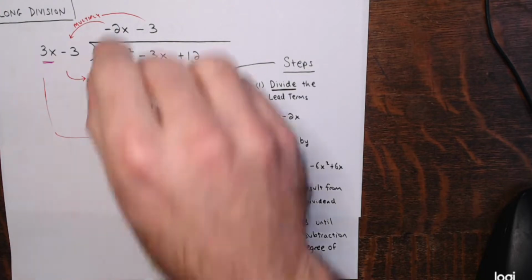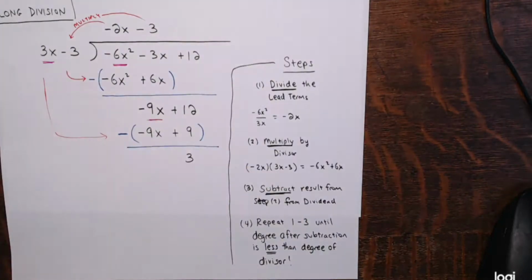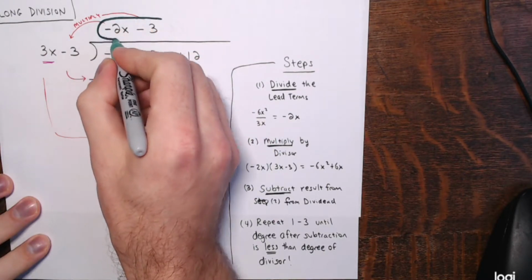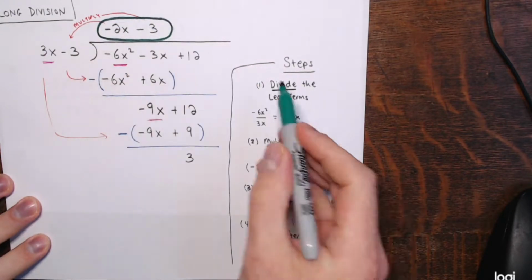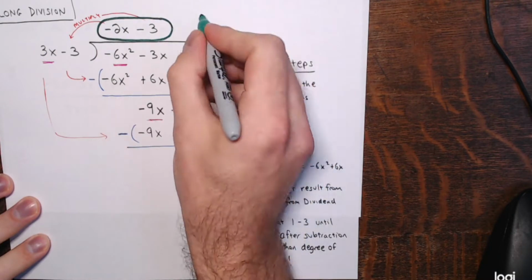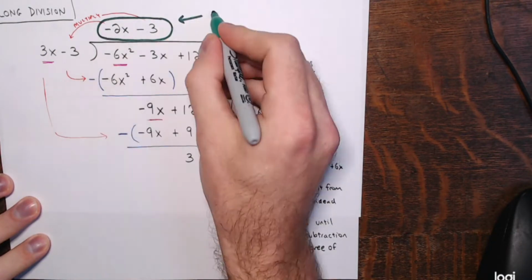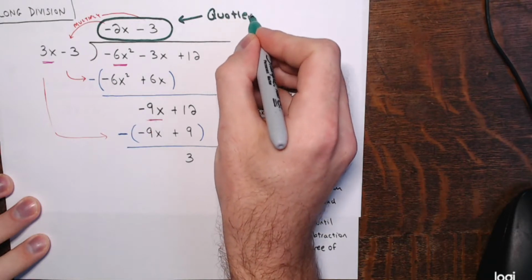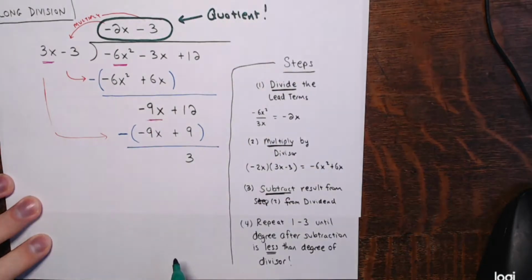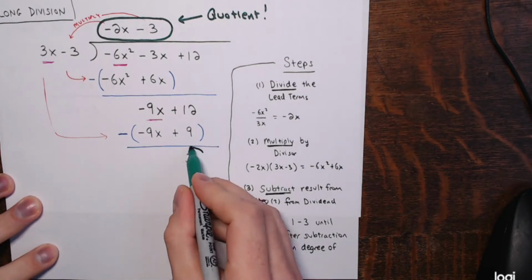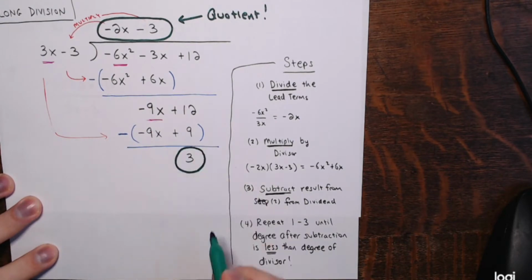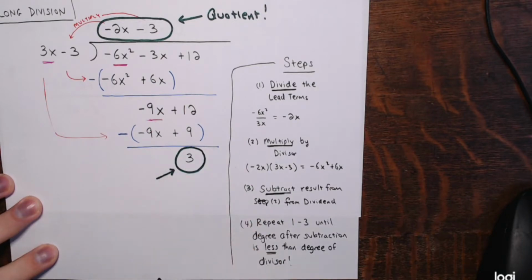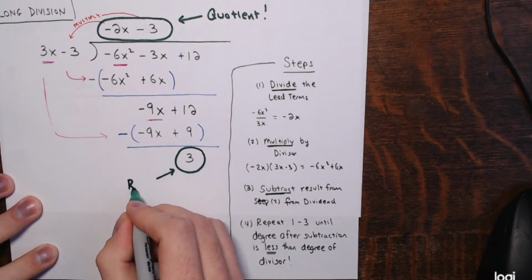So now, what do we have? When you're done, everything I wrote, all the terms I wrote after those division steps above the symbol, that polynomial is called the quotient. And then what's left after the last subtraction, this number 3 here, this is called the remainder.